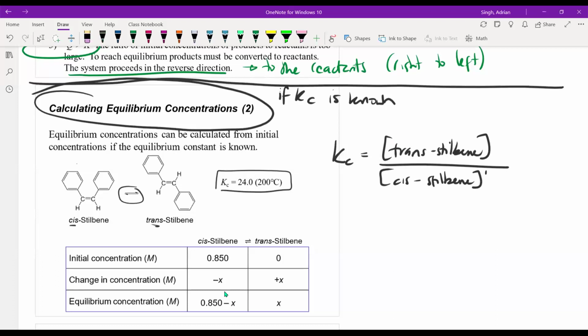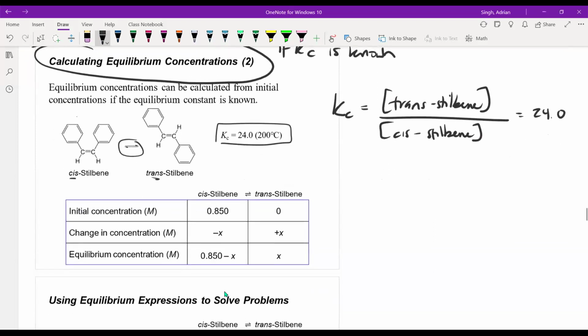We can omit that for simplicity's sake. And we're told that this is equal to 24.0. Okay, so let's say that we're given a situation where the initial concentration of the cis-stilbene is 0.850 molar, then what we can start to construct is what's known as an ICE table.